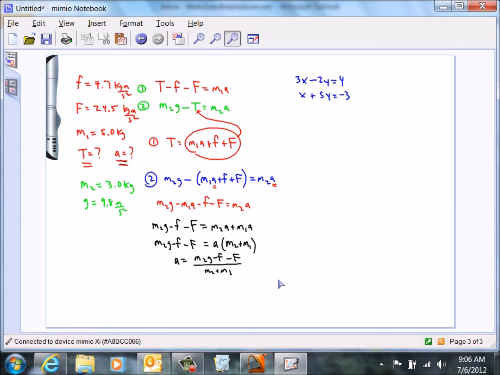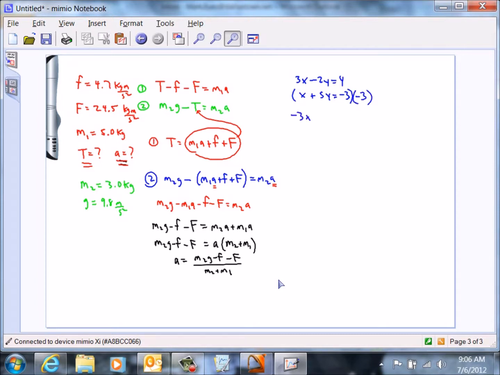Now, in this problem, if I just add them together, the x's aren't going to cancel, neither are the y's. But I realize, if I multiply the second equation by a minus 3, the second equation would become minus 3x minus 15y is equal to positive 9.